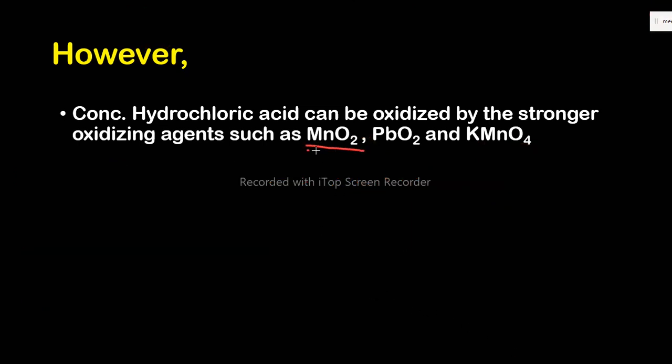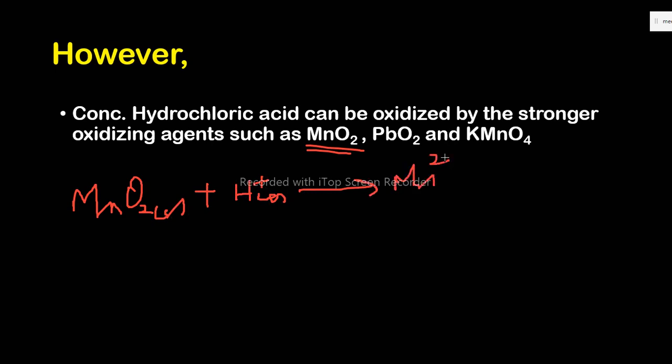For manganese oxide, same thing. I'll just write the half equation. Manganese oxide, which is a solid, is dissolved in an acid, aqueous, to form manganese ions, aqueous, plus water, which is a liquid. If you try to balance, there is a 2.